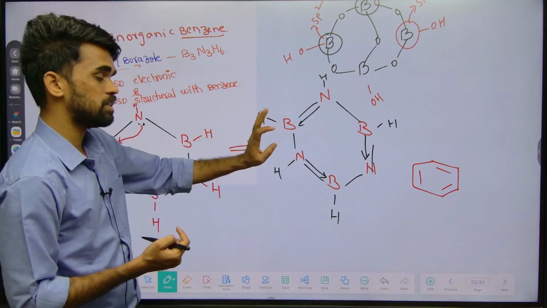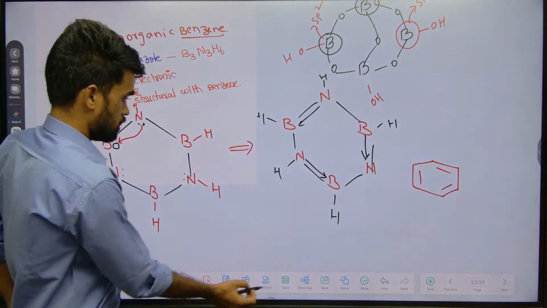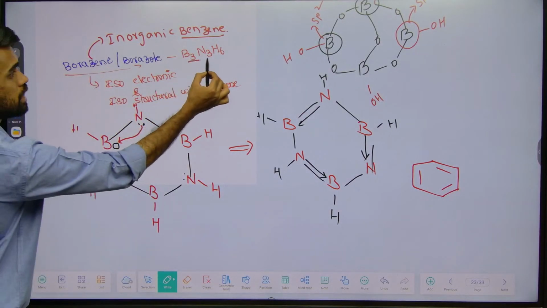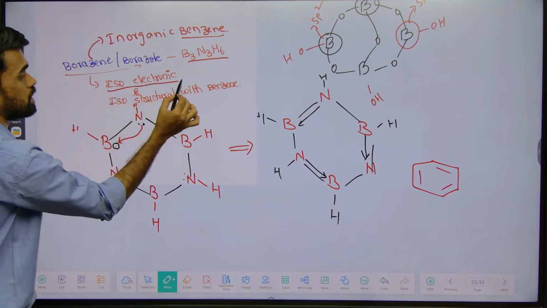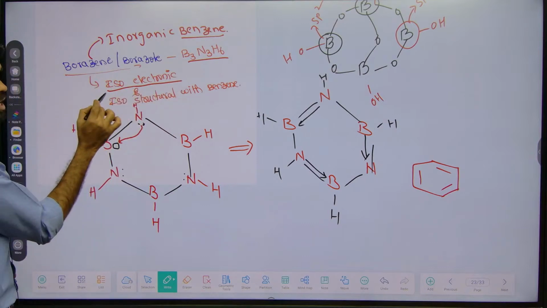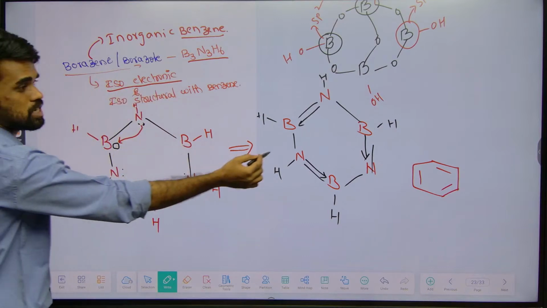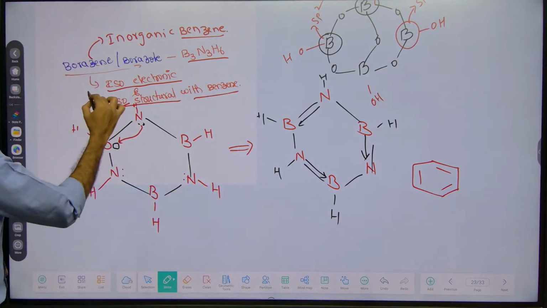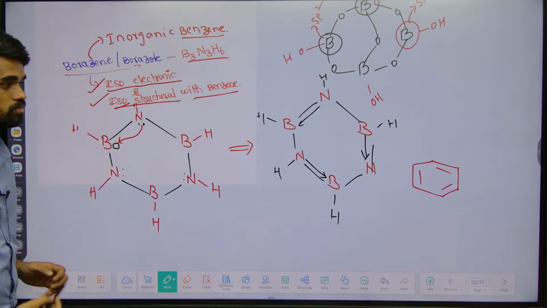Sigma bonds are 3, so sp2, nitrogens and borons. Okay, yeah. So you can say it as B3N3H6, which is isoelectronic with benzene. What I am saying, it is isoelectronic with benzene. And also the structure is the same now, and also isostructural with benzene.